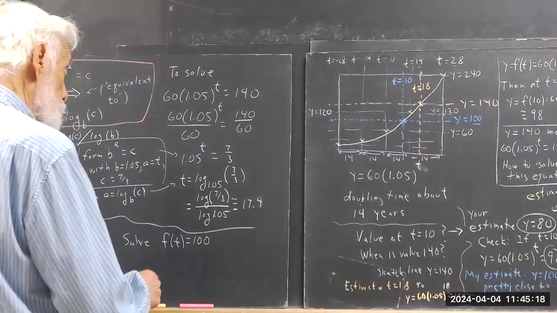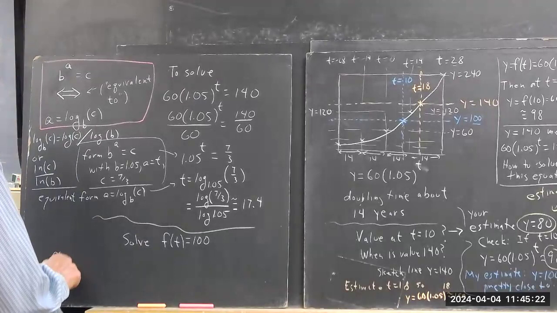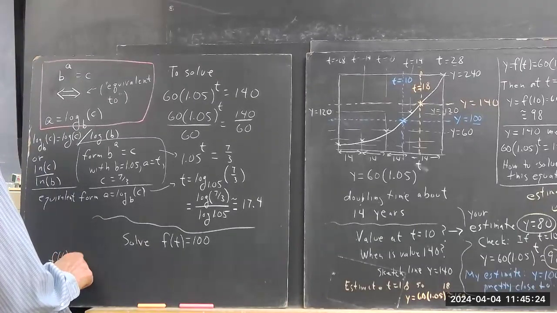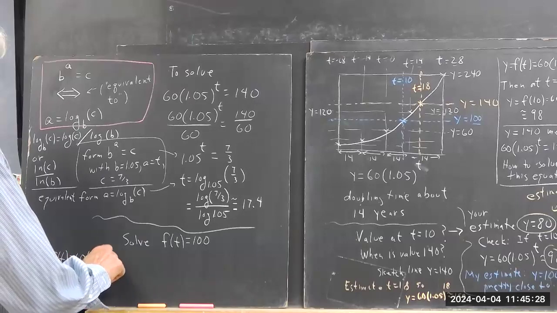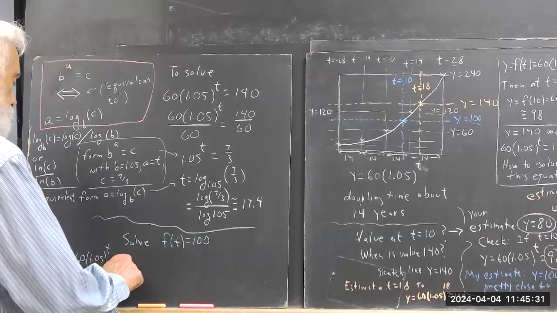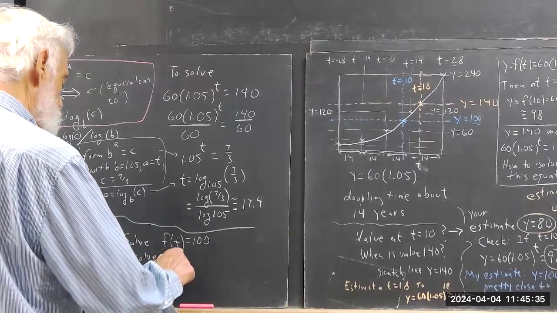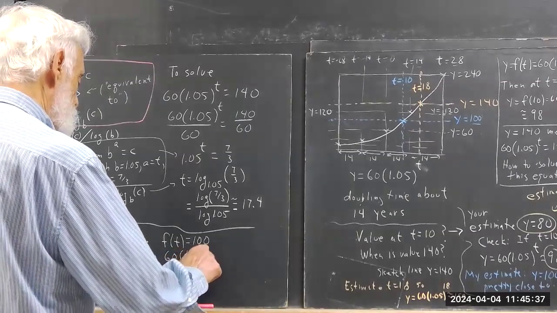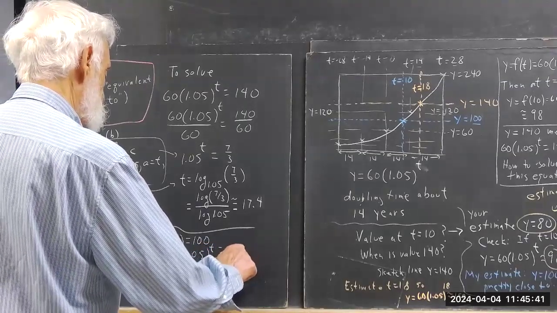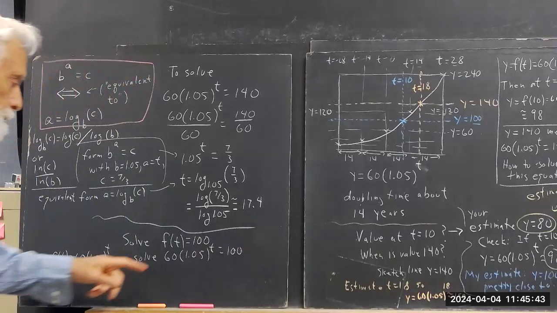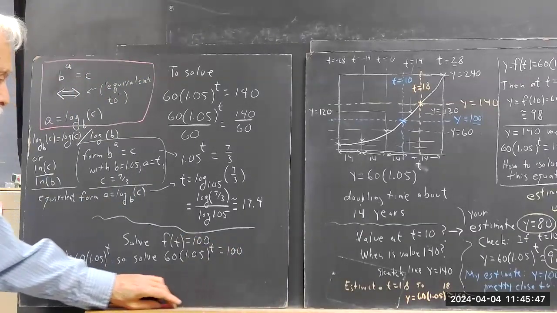So the expression for f of t is 60 times 1.05 to the t equals 100.